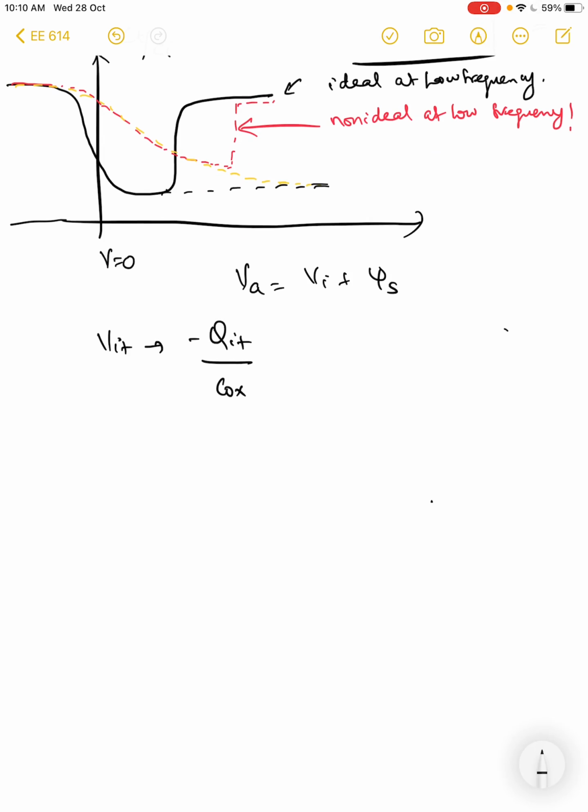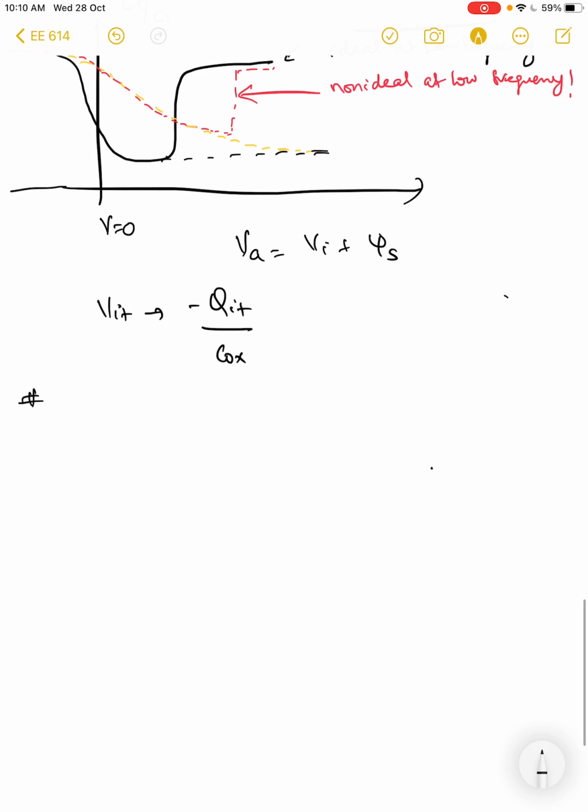Now that we have seen the effect of interface trap charge densities, now let us look at the effect of all other charges. Oxide charges.